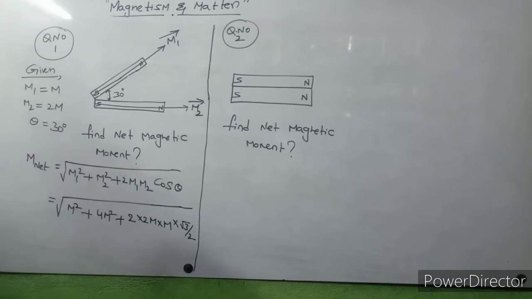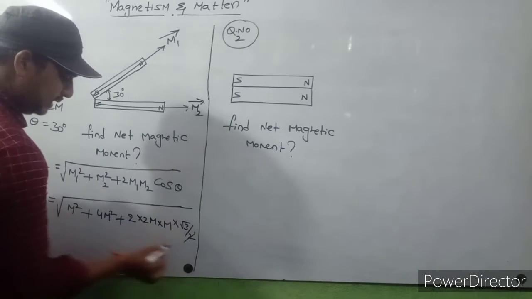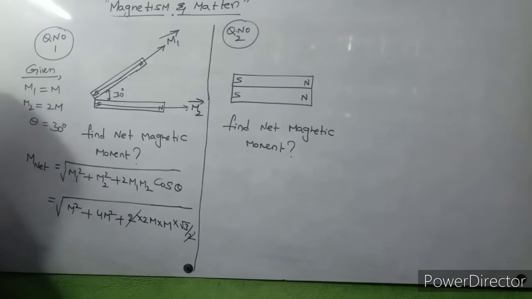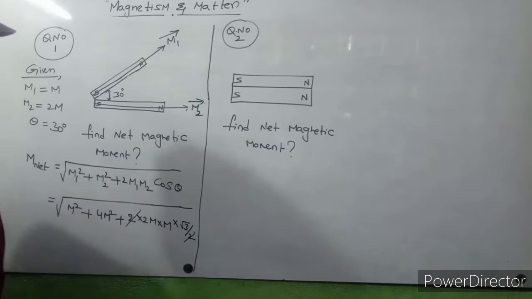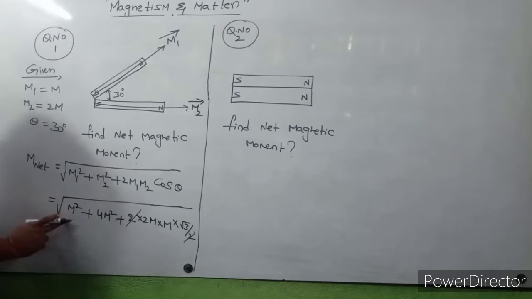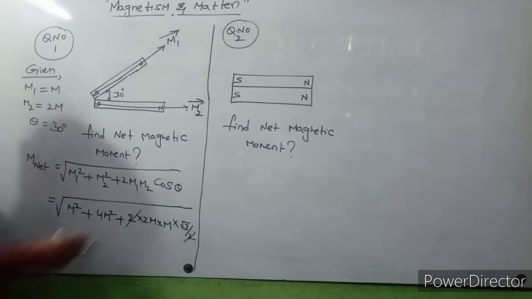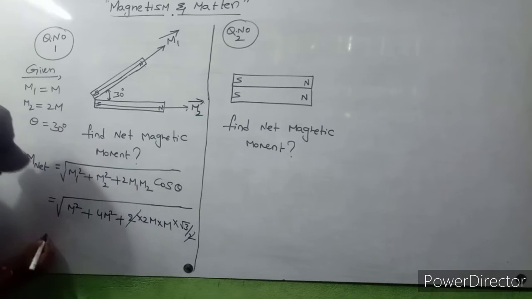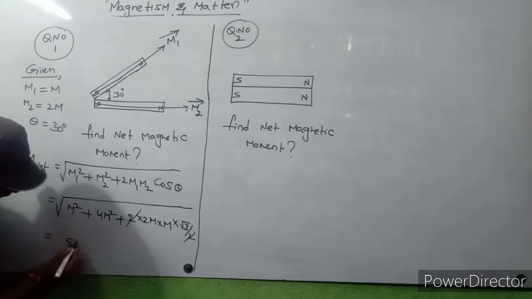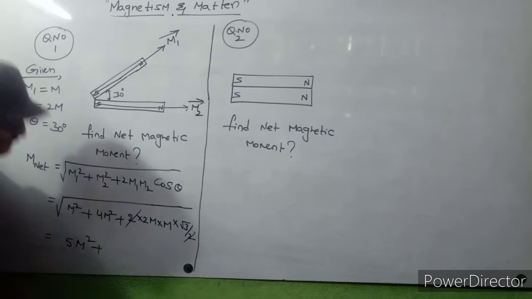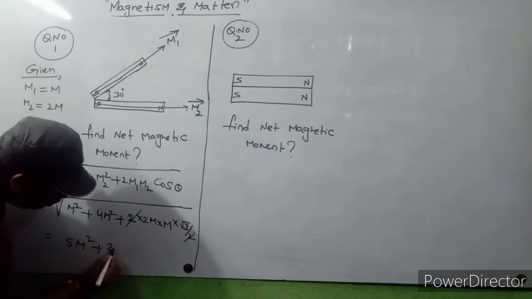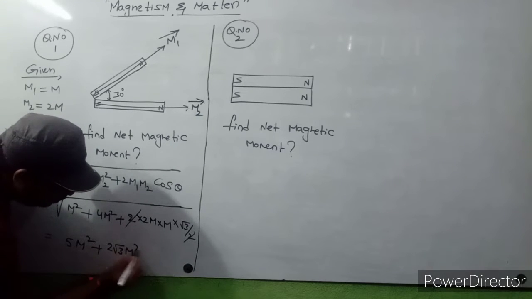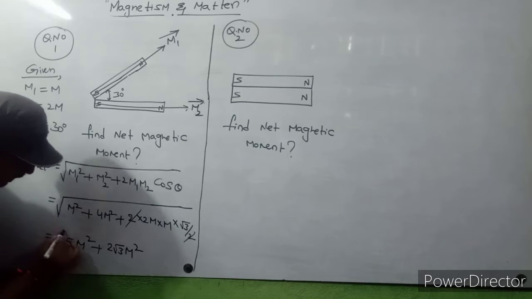Then finally the 2 is cancelled. Then m square plus 4m square, 5m square, plus 2 root 3 m square. So square root.